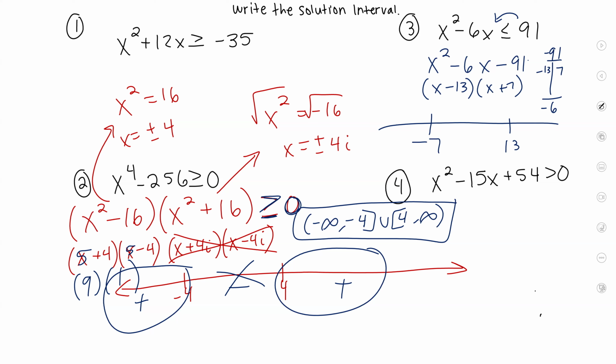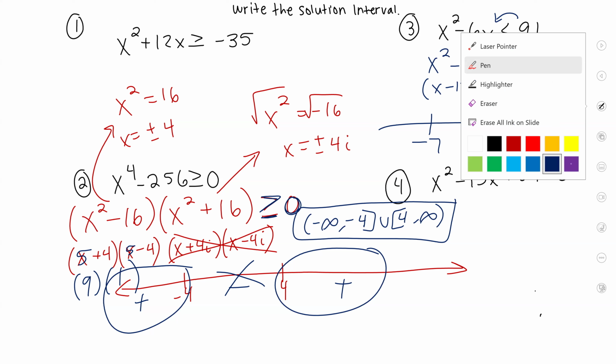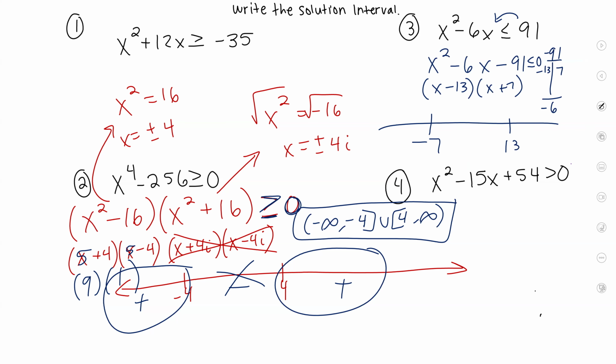Now, guys, this is less than or equal to 0 this time. So we want numbers that are less than 0, meaning we want negatives this time. So let's plug in a number. Let's plug in between -7 and 13. Let's plug in a 0. If you plug in 0, you get -13 times 7. That gives you a negative answer.